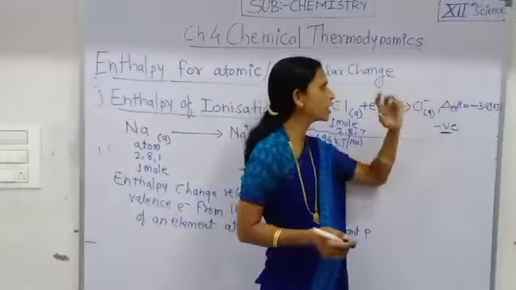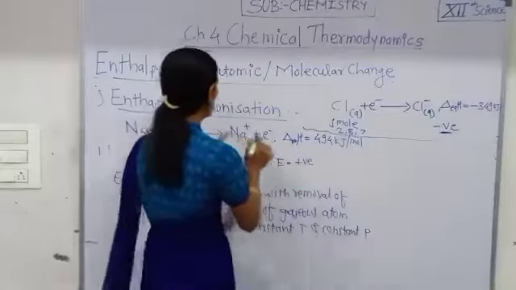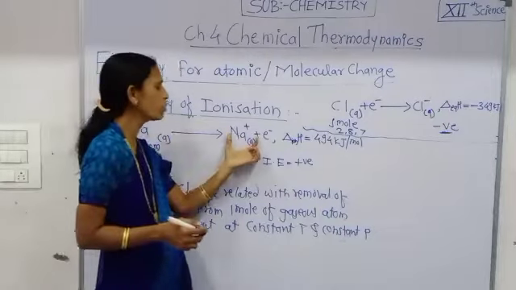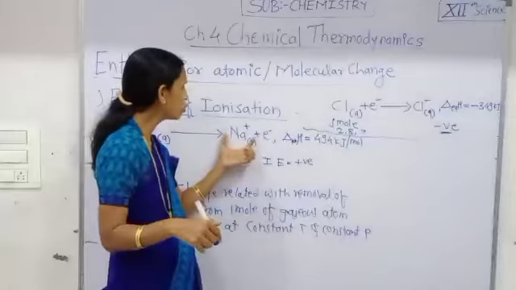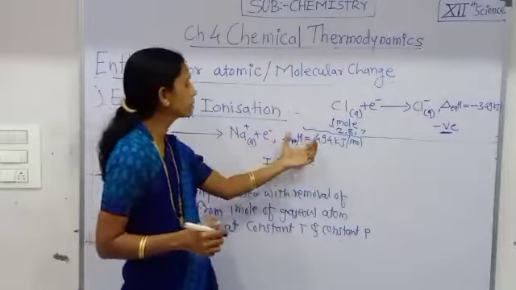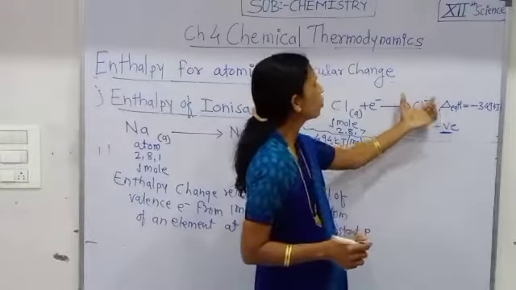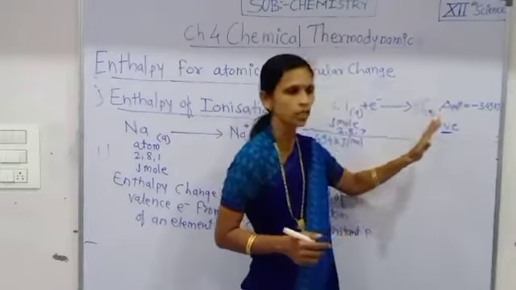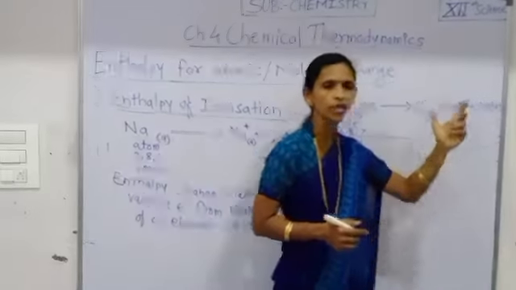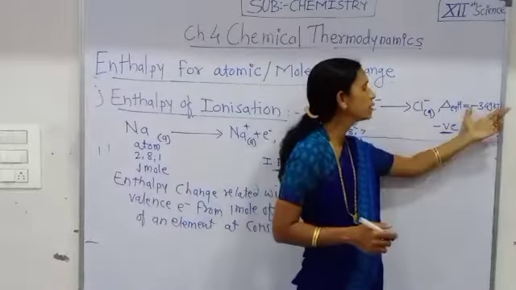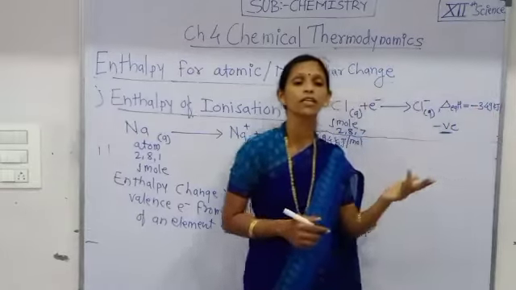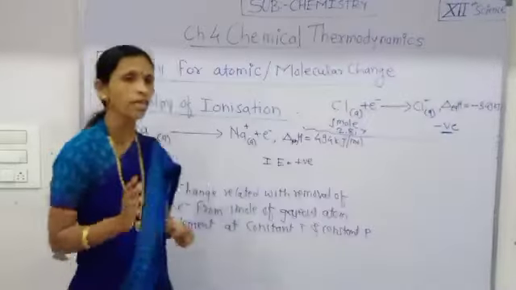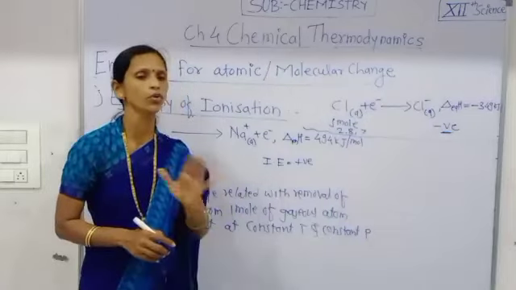But the enthalpy of ionization related to the sodium atom forming the sodium cation is positive, whereas for chloride ion formation from the chlorine atom, the related enthalpy is the electron gain enthalpy, which is negative, because energy is released. That is the enthalpy of ionization.